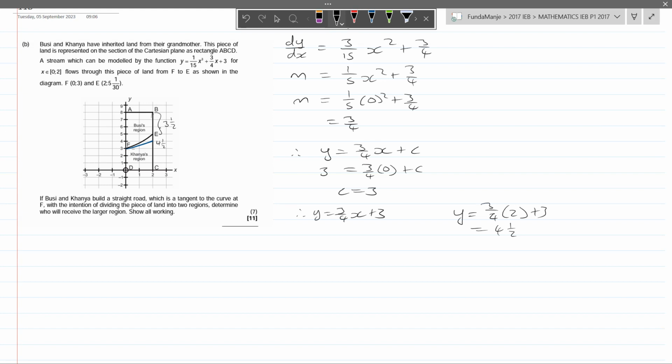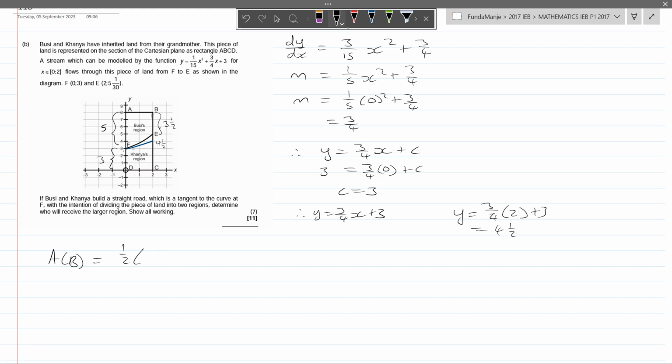The area of Busi's region will be equal to a half multiplied by, so the distance from 8 to 3 here on this part is 5. And then from here to there it's 3.